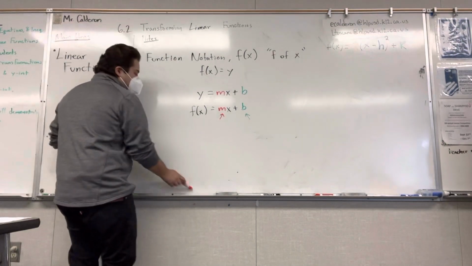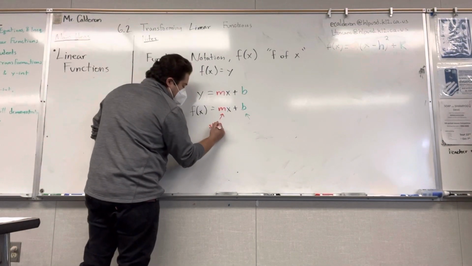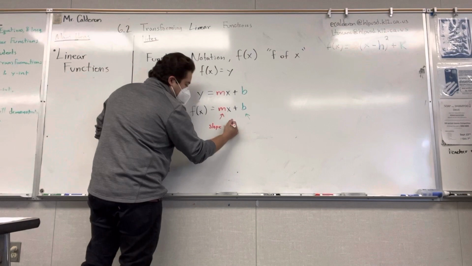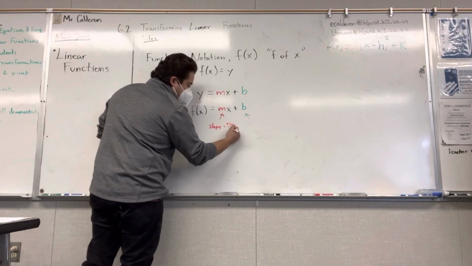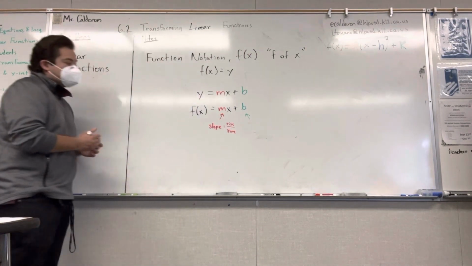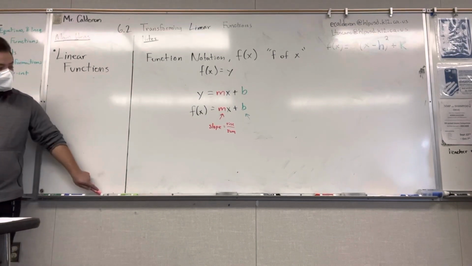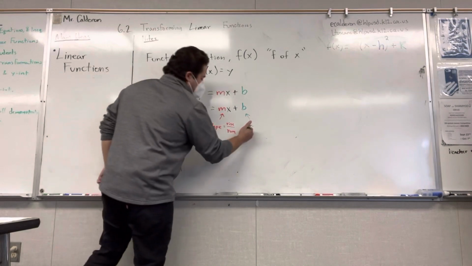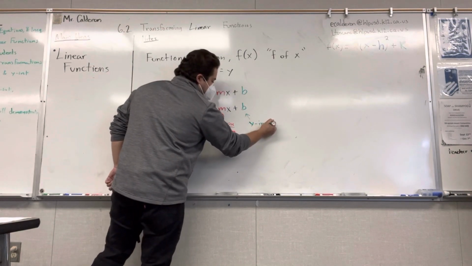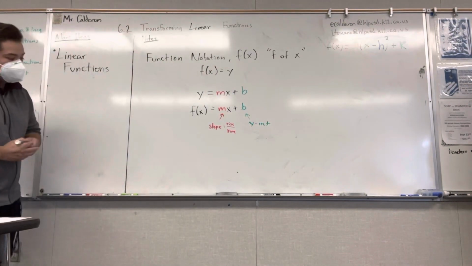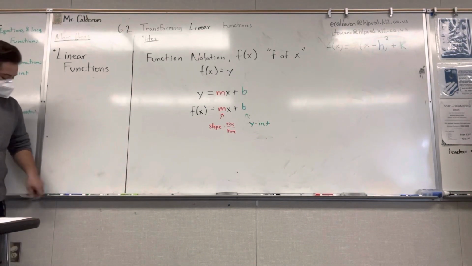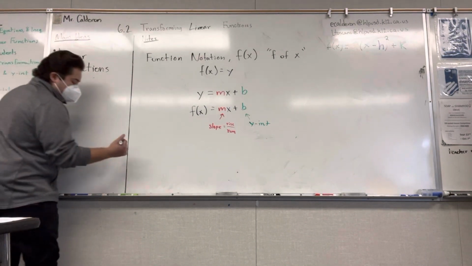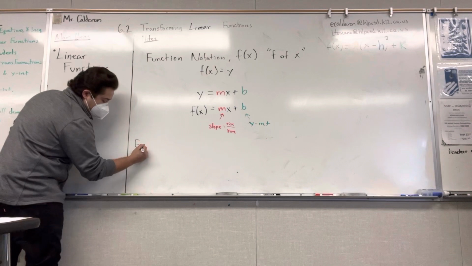It stands for the slope, which is rise over run. What's b then? The y-intercept. Let's do some review to make sure we're on the same page.